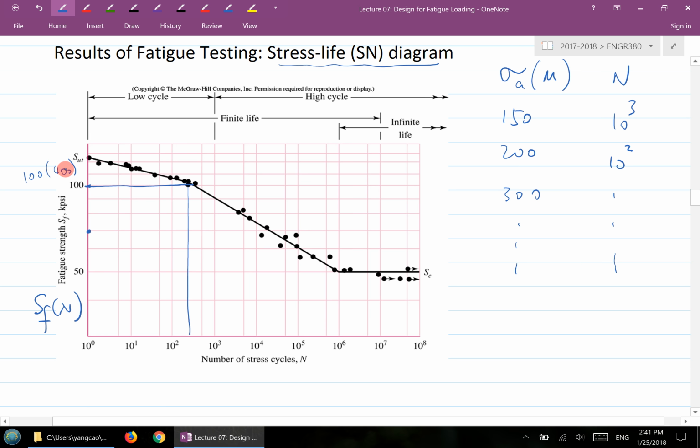That's a strength. For that material, if you subject the part to 100 KSI, it is predicted to fail at 400 cycles.